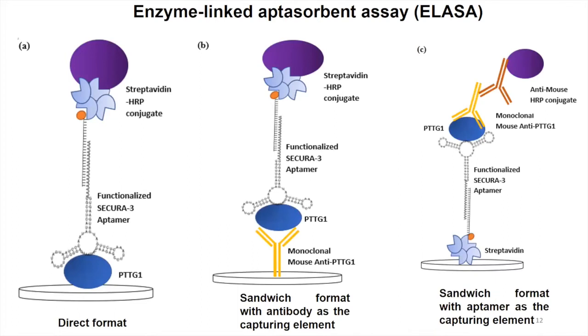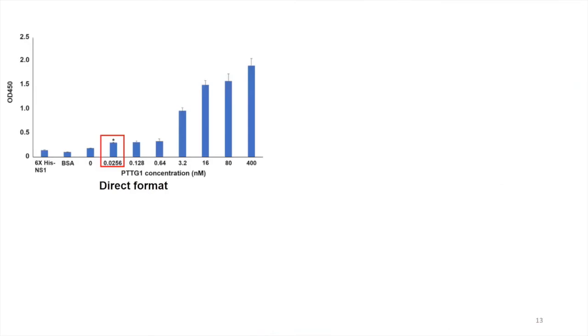The first one is the direct enzyme-linked aptamer assay, whereby we immobilized PTTG1 directly by passive adsorption, followed by the addition of aptamer and streptavidin-HRP conjugate. In the next scheme, we adopted a sandwich assay, whereby we use the antibody as the capturing element, while the aptamer acts as the detection agent. In another scheme, we reverse the role of the aptamer. Let's take a look at the result.